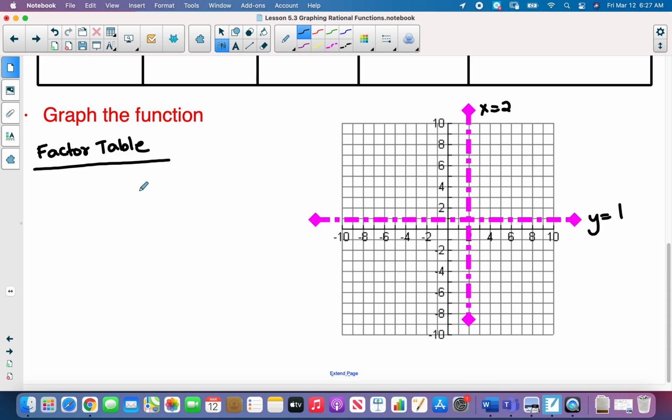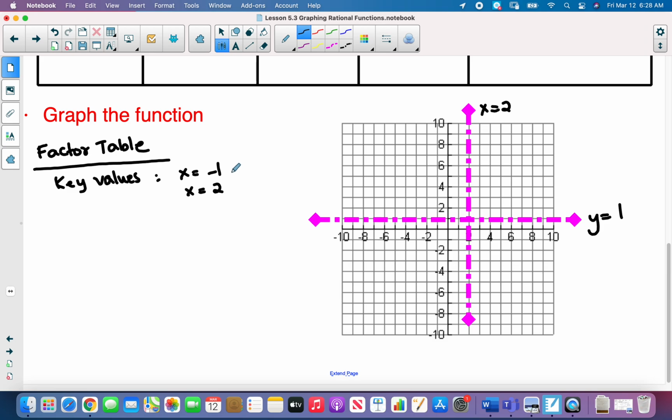Our key values are the parts where we have the x-intercept and where we have the breaks, which is at x equals 2. So we're going to use our key values at x equals negative 1 and x equals 2.